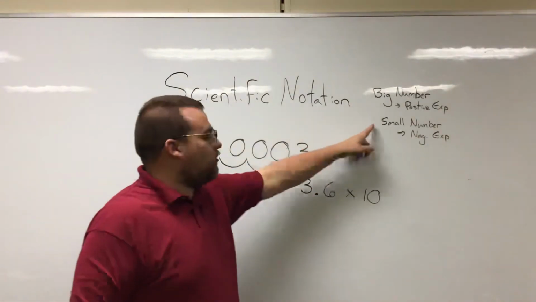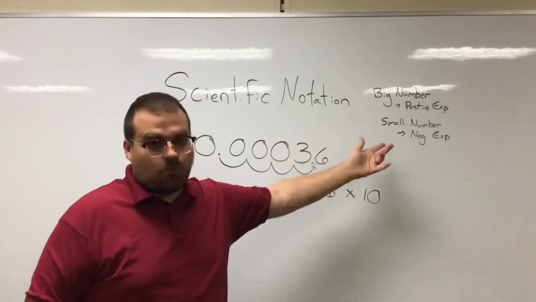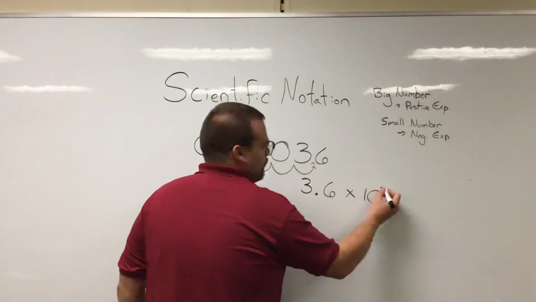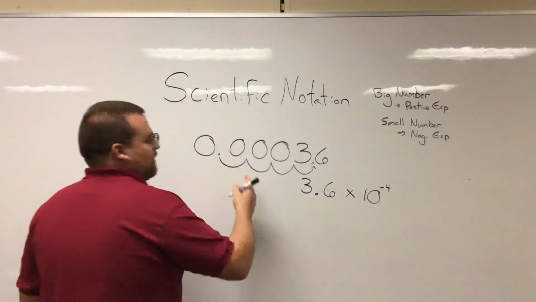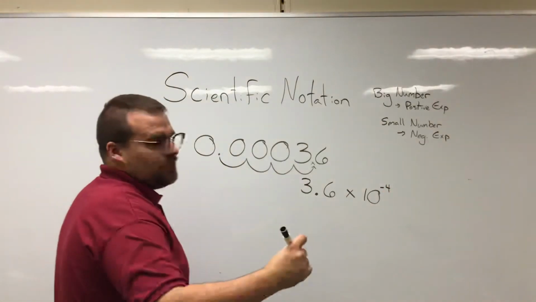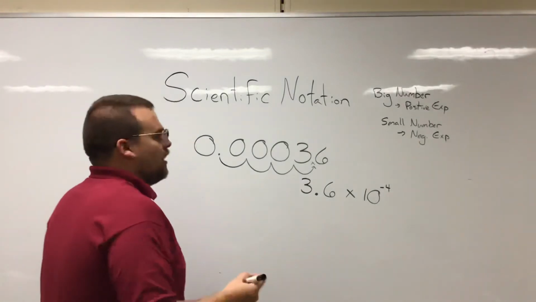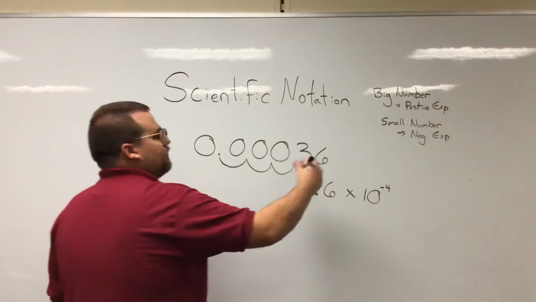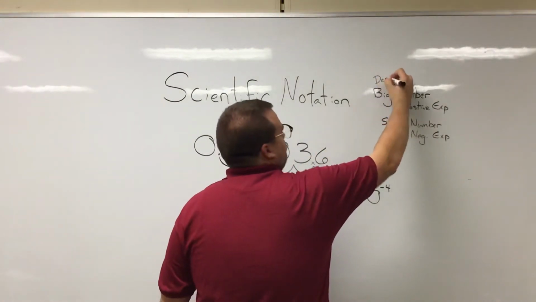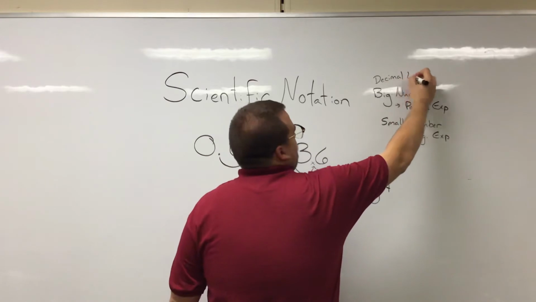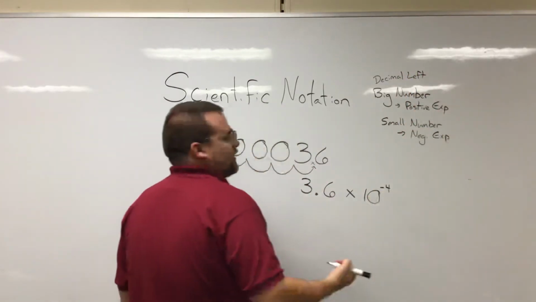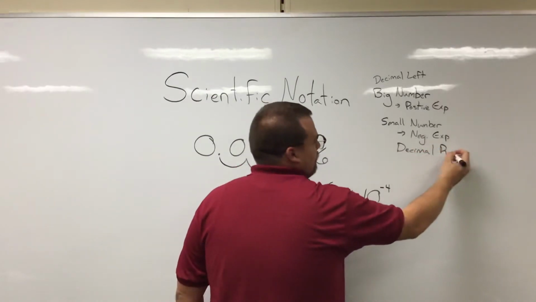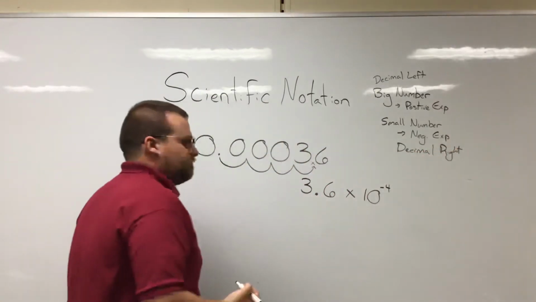And whenever you have small numbers, otherwise numbers that are less than 1, you have negative exponents. So we moved it 4 times, but since it is a really, really small number, it's 10 to the negative fourth. Another way that you can think about this is that if you had to move the decimal left, then it's a positive exponent. If you had to move the decimal right, then it is a negative exponent.